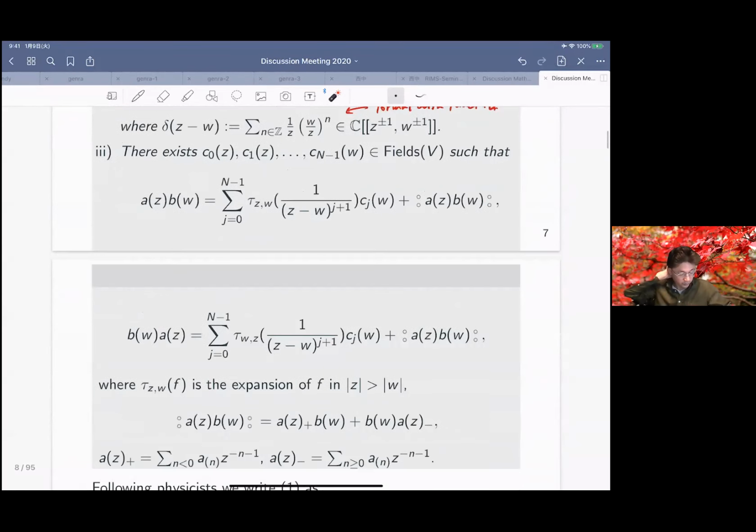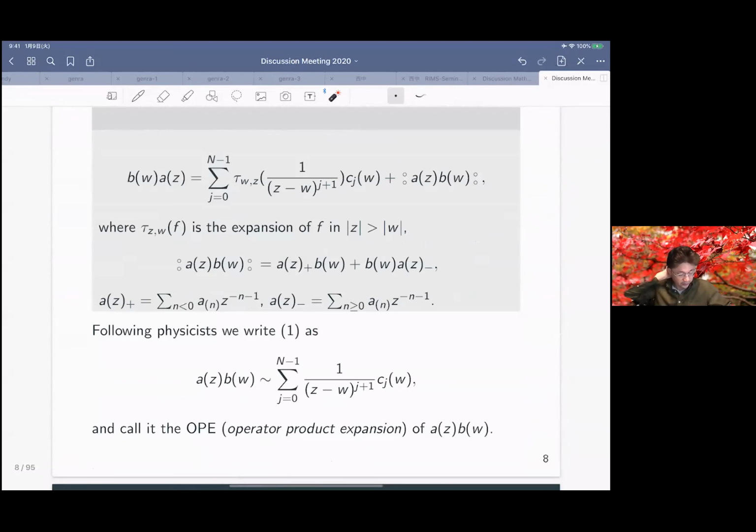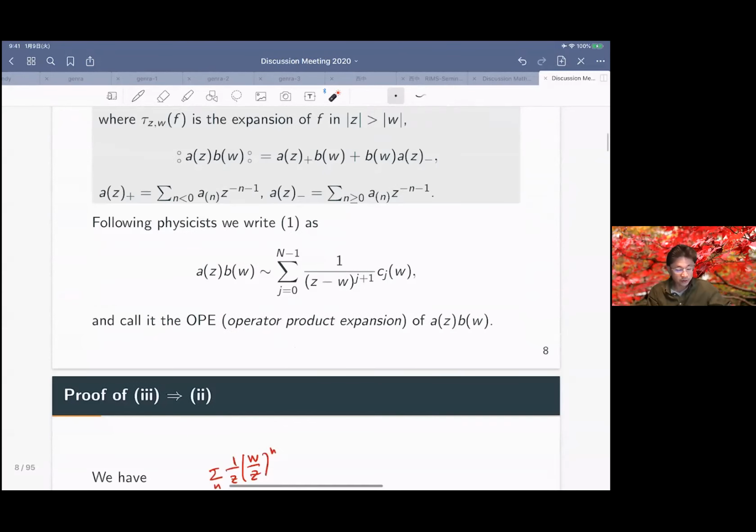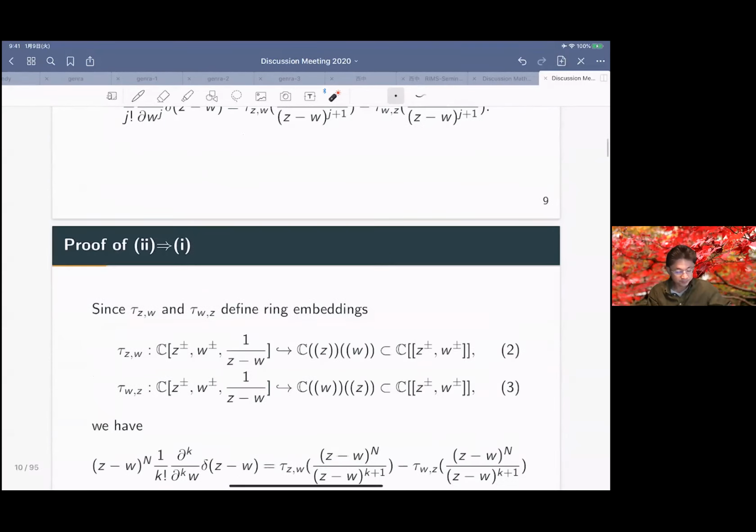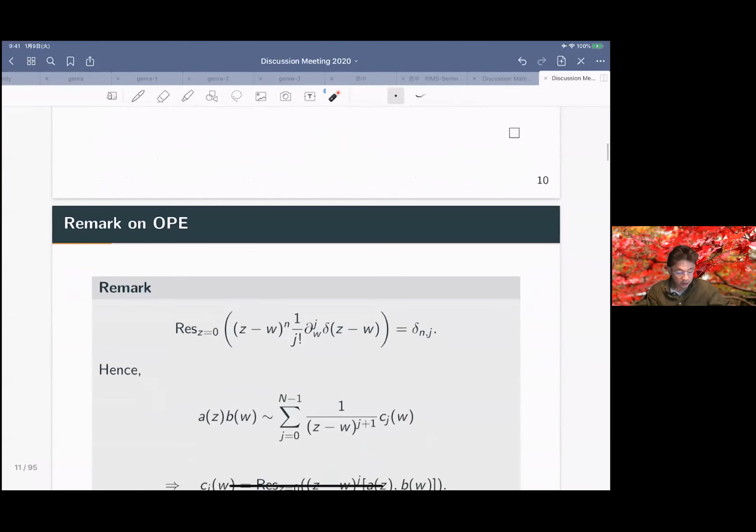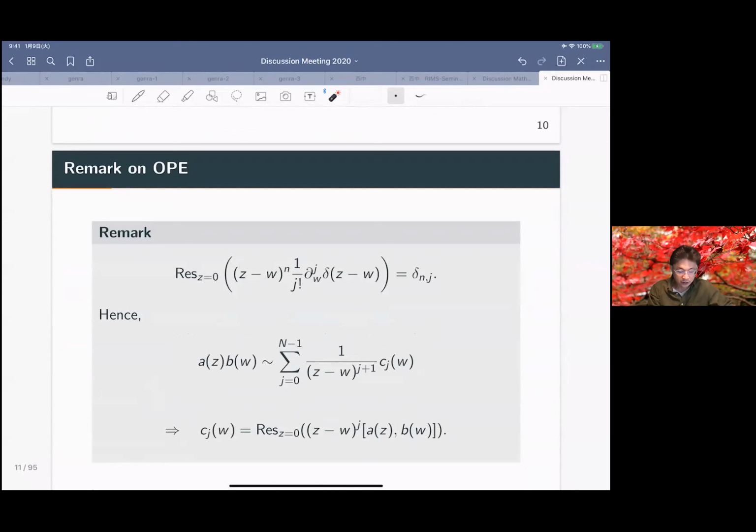So this OPE, or equivalently the locality, is the most important property or notion in vertex algebra. So I'd like to say some more words. And so we have this identity in the formal series.